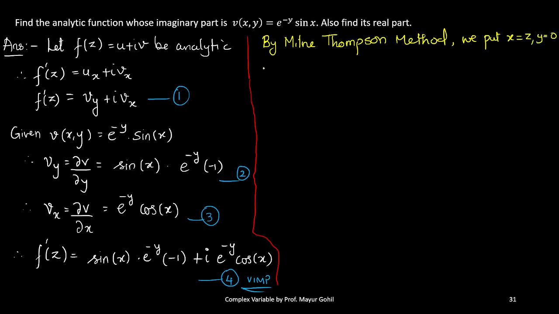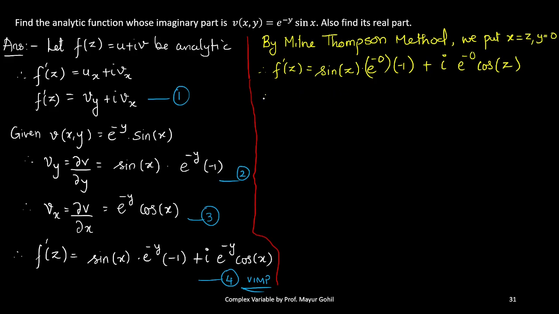So therefore f dash of z is equal to sin z times e to the power minus 0, which is e to the power 0, and then there is minus 1, plus i times e to the power minus 0 times cos z. So that is what we will get.